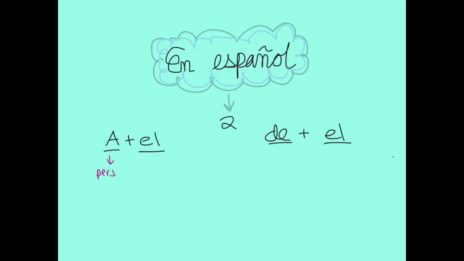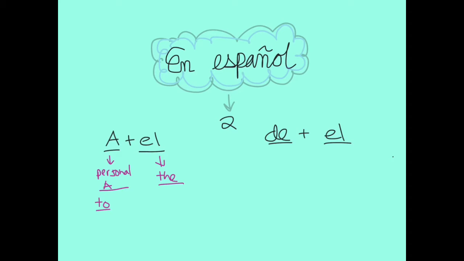So a, remember, could be the a personal. So when an action is done to a person and a shows up to give that person respect. You can see my other video about that if you're a little rusty, or it could mean the word to. El, on the other hand, means the. Now, we want to make sure that we have the definite article here, el.